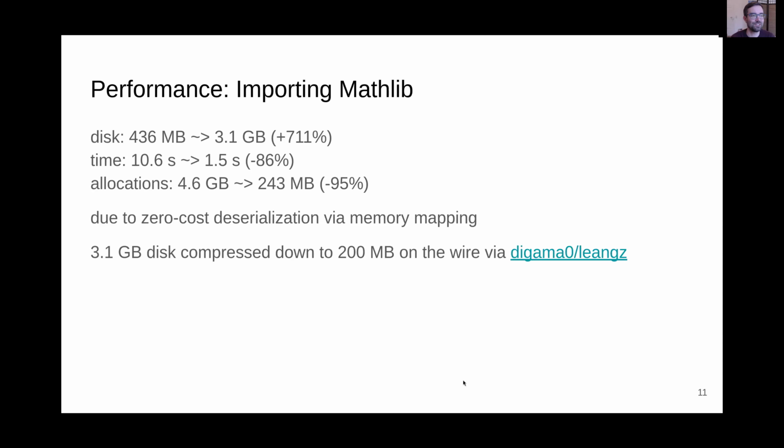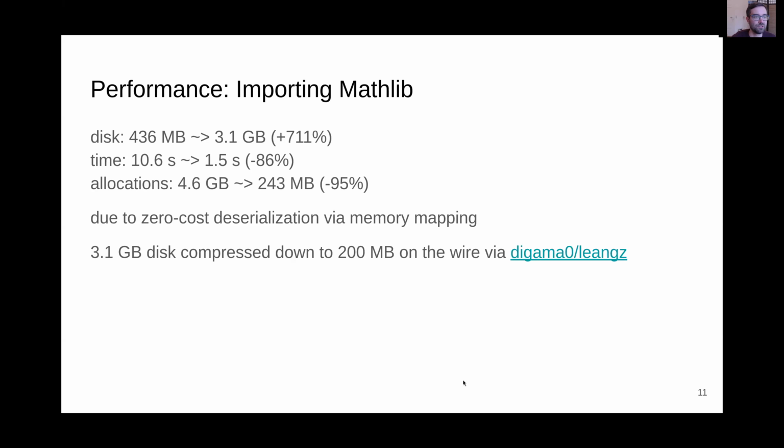Without going into the technical details, this is specifically because of the layout of the file that we adjusted for this use case of fast loading. So in the end, this is a trade-off between those two metrics. And we're also very aware that it might not be the perfect trade-off for all use cases of Lean.